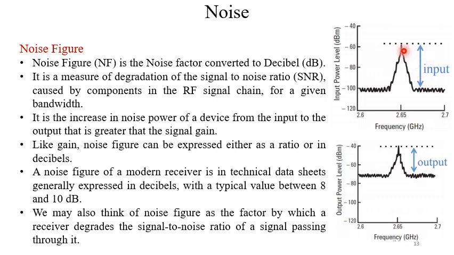So though we have amplified it, the signal is amplified from minus 60 to minus 40, at the same time, because of additional noise, the input noise was minus 100 dBm, but now the noise becomes nearly minus 70 dBm. So it is enhanced by nearly 30 dB. That means the difference between signal and noise is lesser at the output of the system compared to the input. So that's the problem.